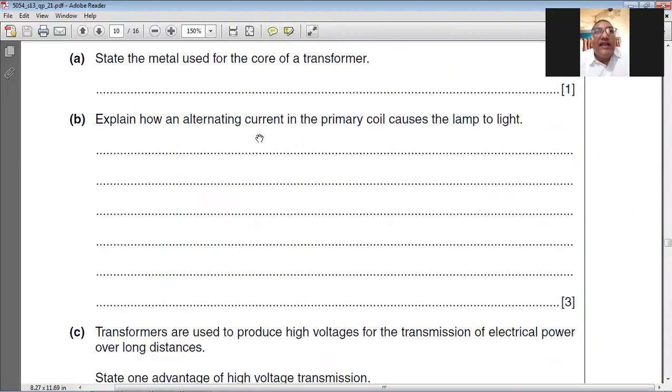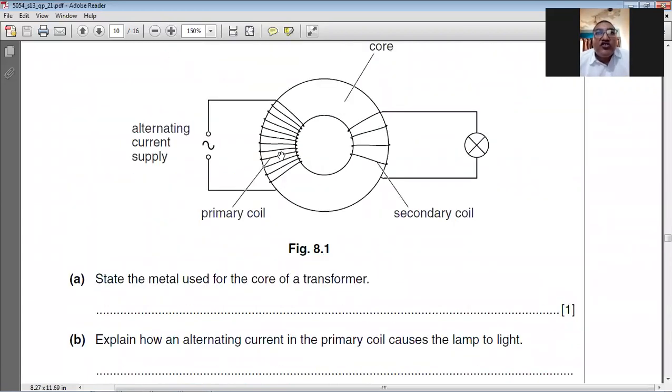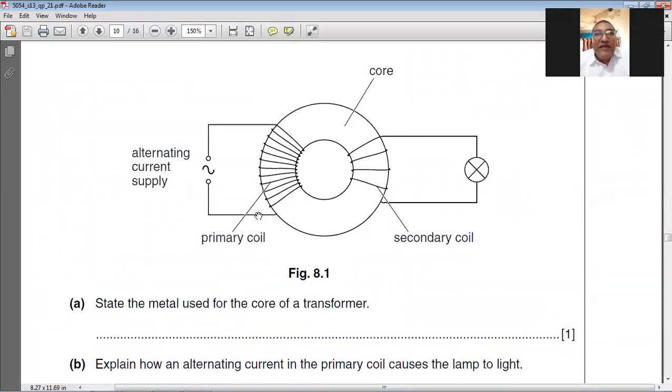Explain how an alternating current in the primary coil causes the lamp to light. So in the primary coil, you have connected it with the alternating current. You know, alternating current, its direction and its magnitude is continuously changing. So because its direction and magnitude are changing, the magnetic field produced by this primary coil has a changing magnitude and direction.